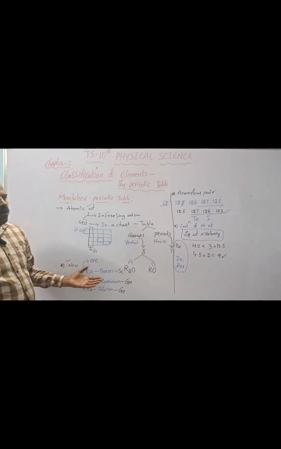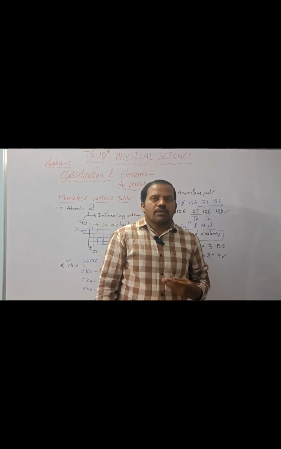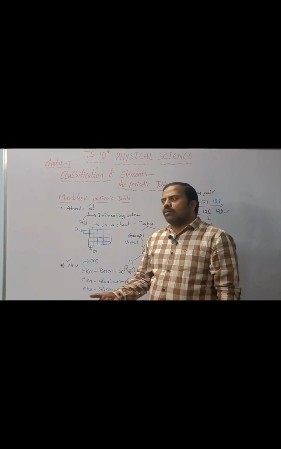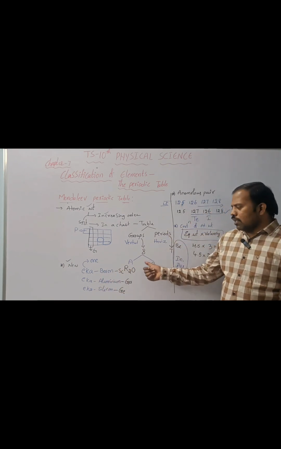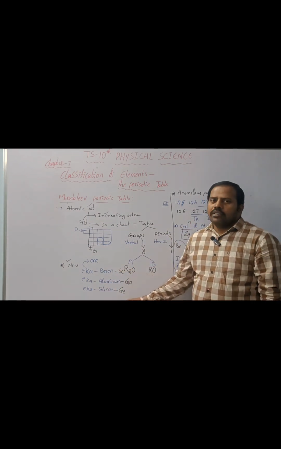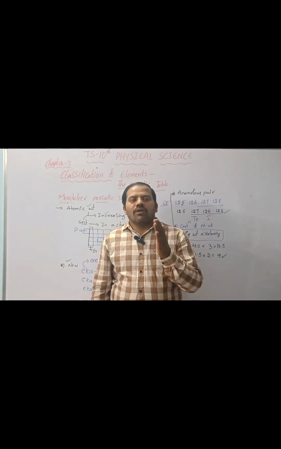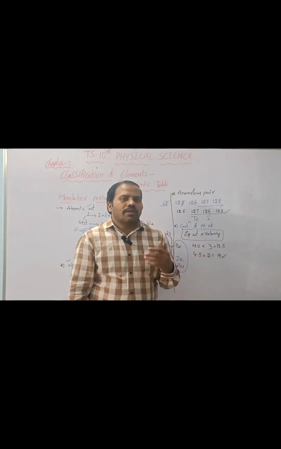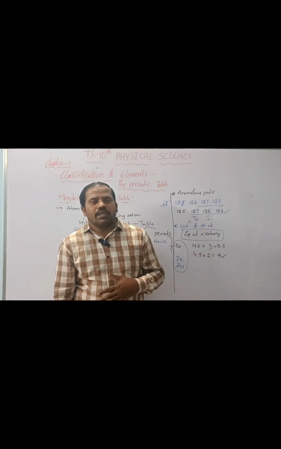And next, he thought that some new elements might be discovered in the future, so he left some gaps predicting new elements. He predicted names like this, but in the future they were discovered as scandium, gallium and germanium. Next, in increasing order, he did not follow that sequence for tellurium and iodine, but he did not give a correct explanation for why.